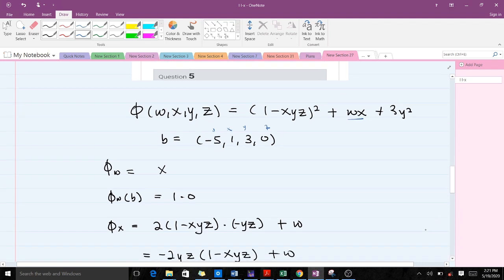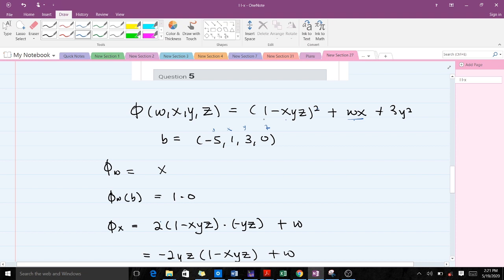Then we go to phi x, or the partial derivative with respect to x. So now we will come here, realize that there is an x here, there is an x here, there is no x here, so this part will go to 0. And when it comes to this part, you should know that we have a squared here. So you should remember when we are doing this differentiation, then we'll bring the 2 that we have here.